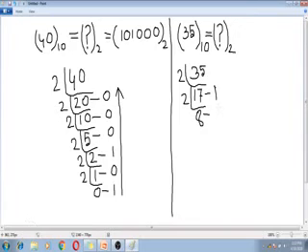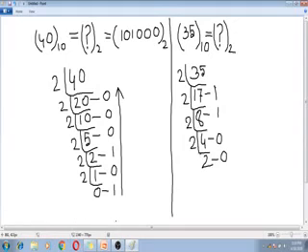Again 1. Again this 8 divided by 2. Now quotient 4. The remainder will be 0. Again 4 divided by 2. The quotient will be 2. The remainder will be 0.